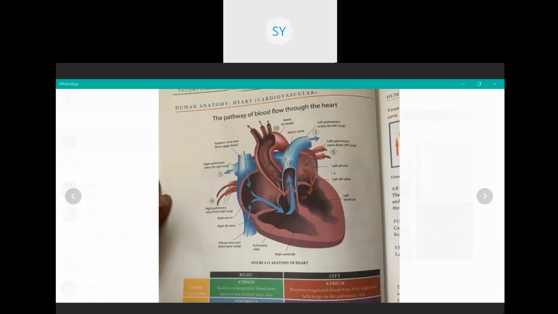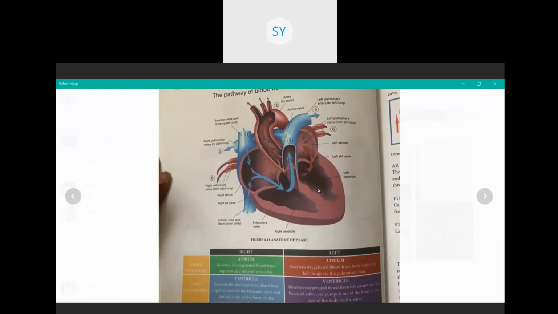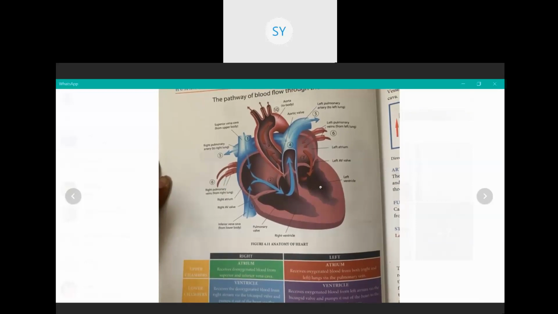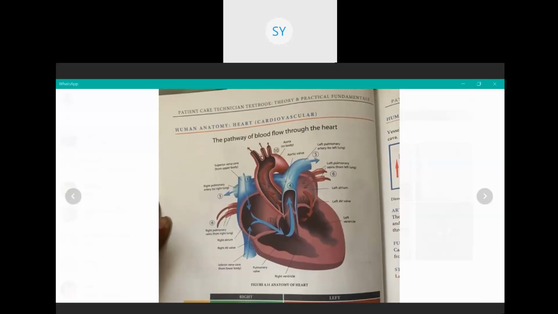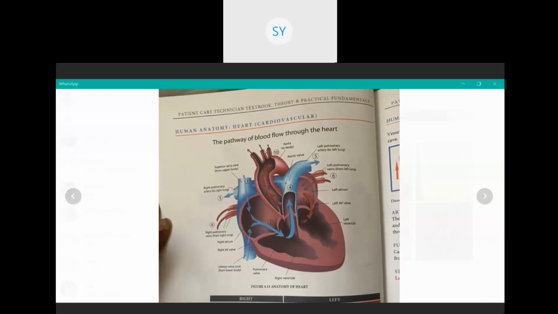When the blood comes from the left atrium, it finally goes to your left ventricle. And in the left ventricle, when there is a lot of blood, it is pumped out. I told you the heart is a hollow muscular organ that helps us circulate the blood. When it pumps, the blood goes out and supplies our head and neck, like your brain, this portion.